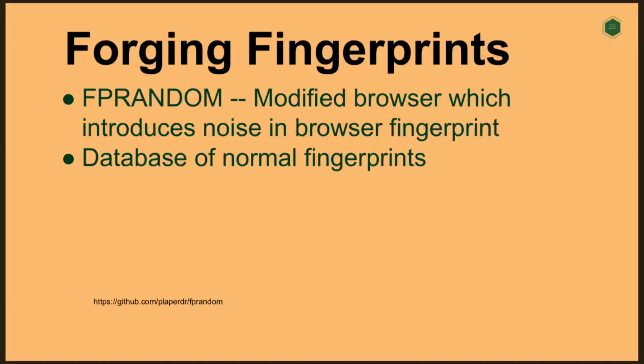This is a paper which came out probably last year from INRIA, from France. It's called FP Random, where they modified a browser to introduce some sort of noise in your browser fingerprint, so every time you visit a page, the fingerprint slightly changes. The reason they implemented this was for privacy reasons, because of course you can use all the same technology for user tracking as well.